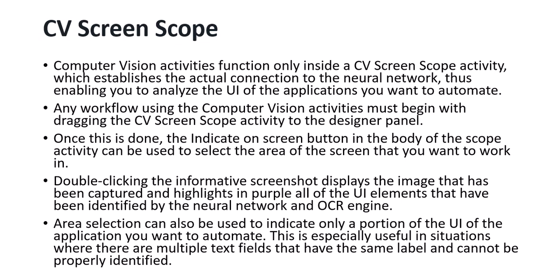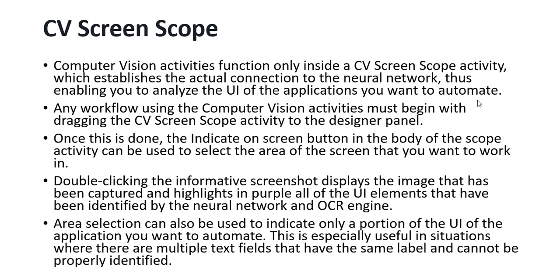This CV Screen Scope activity is like a parent for each and every activity which is using computer vision. As the first point mentions, computer vision activities function only inside a CV Screen Scope activity, which establishes the actual connection to the neural network, allowing you to analyze the UI of the applications you want to automate.